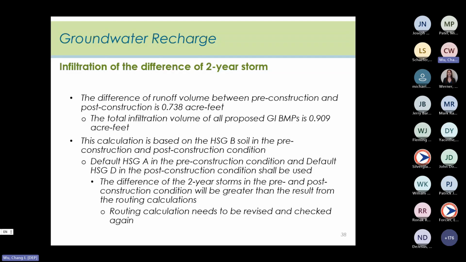However, the calculation is based on HSG B soil in the pre and also in the post-construction condition. And we know, and have also mentioned many times, that for this project the default A soil in the pre-construction condition and the default D soil in the post-construction condition should be used. Which will make a difference in the volume for meeting the groundwater recharge requirement.